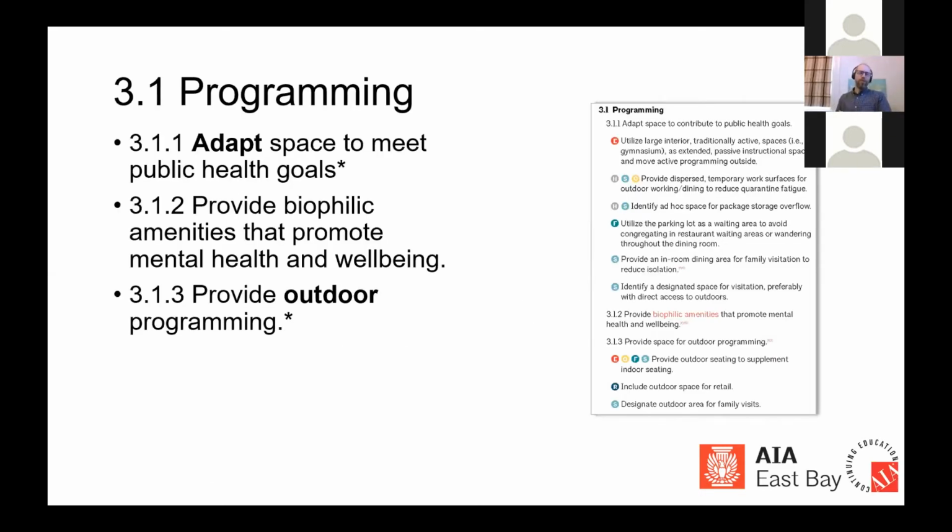Okay, so first for programming, actually for all these slides, I just want to say that on the right side of the page, we have some screenshots directly from the document. And on the left side are just simplified bullet points for these. It's not a one-for-one. So whatever we have here on the left-hand side of the page is just meant for this session only.